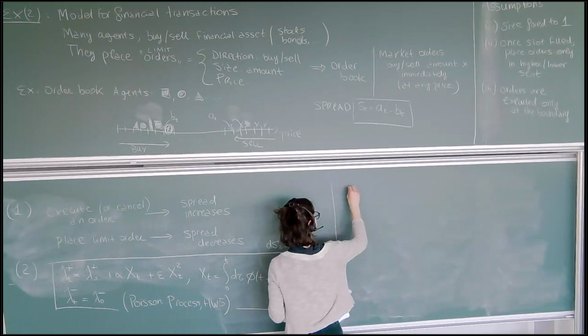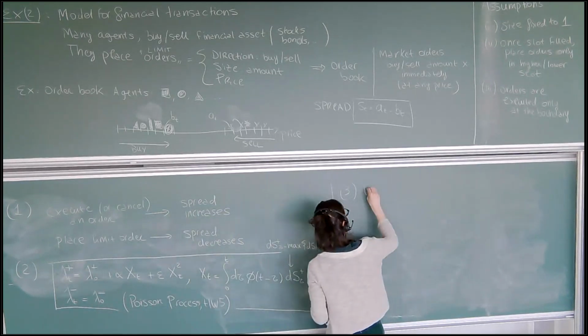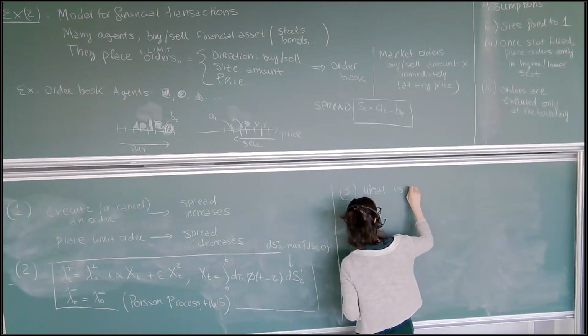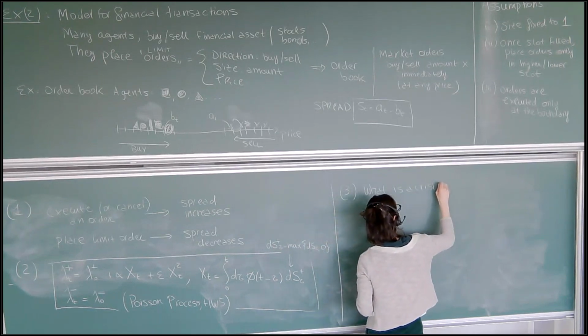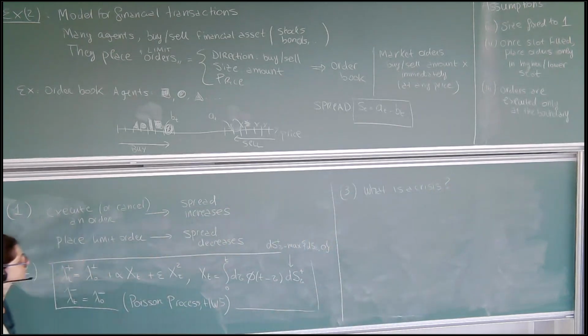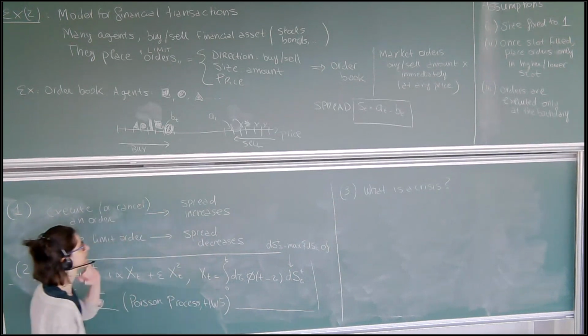And point 3 is how do we describe a crisis in this model? Well, a crisis in this setting means that you are in a situation in which dynamically you see that your spread starts increasing, and it increases without bounds.